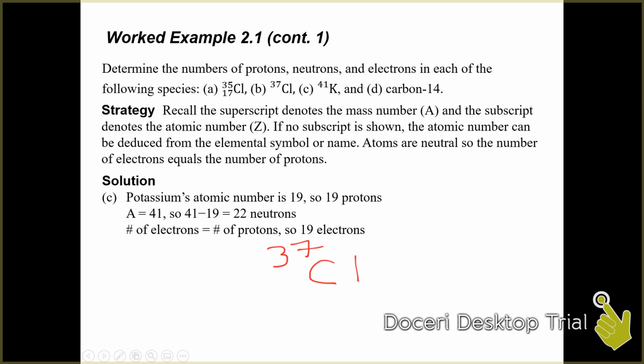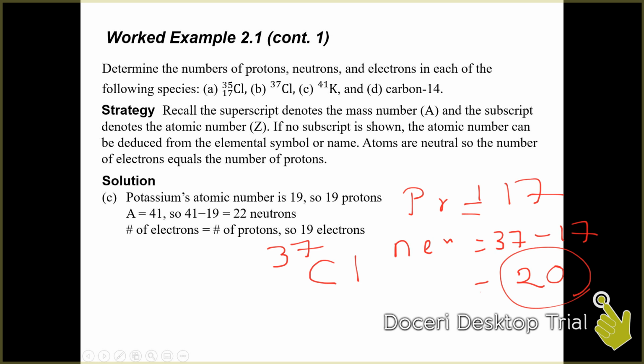It's listed in the periodic table. So you know the number of protons is 17, even though it's not given. And then for neutrons, 37 minus 17, you get 20, right? 20 neutrons. The element is neutral, so the number of protons equals the number of electrons, 17.